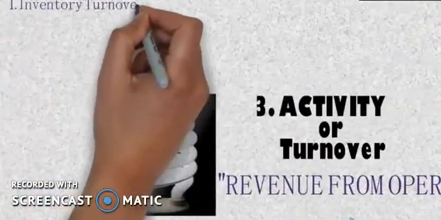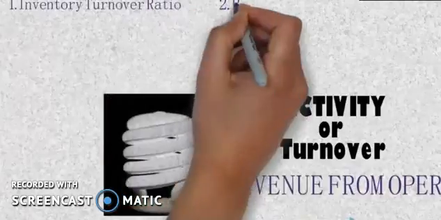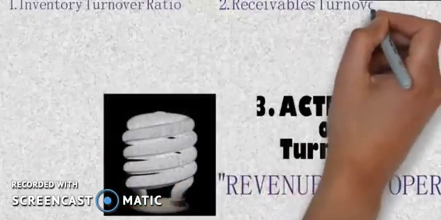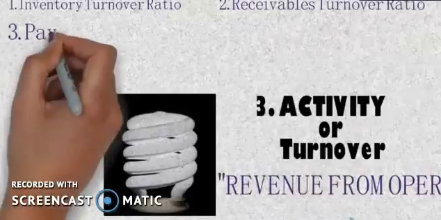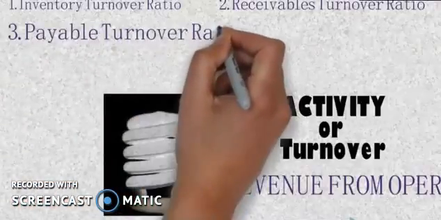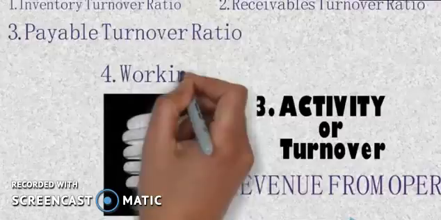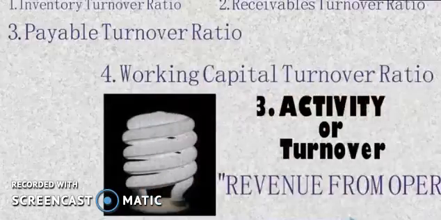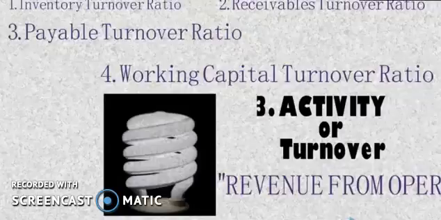The different types of activity or turnover ratio are inventory turnover, receivable turnover, payable turnover, that is the creditors turnover ratio, and the fourth is the working capital turnover ratio.